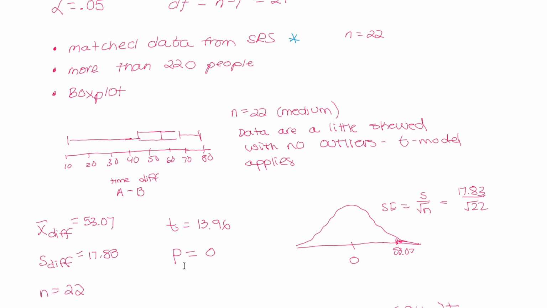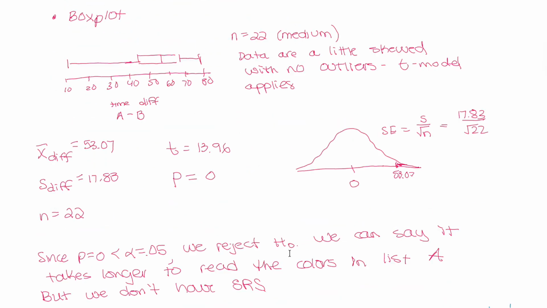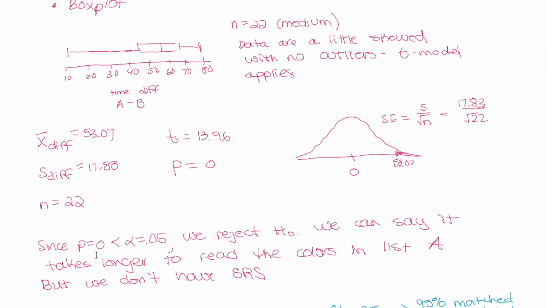Then I drew the normal curve and labeled the standard error, which is standard deviation over square root of sample size. Then I wrote my conclusion. Since p is equal to 0, which is less than alpha equal to 0.05, we reject the null hypothesis, meaning we can say it takes longer to read the colors in list A. But we don't have a simple random sample, so that makes our t-model questionable, and that makes our conclusion questionable.